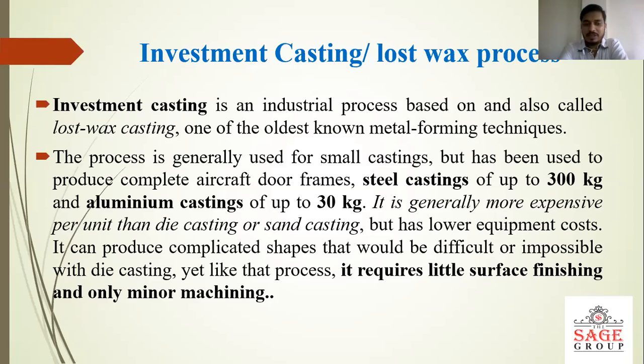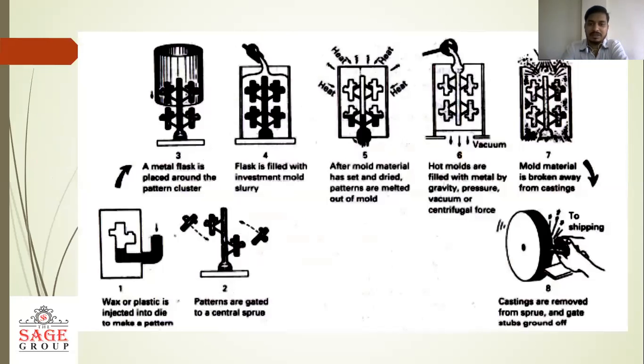It is generally more expensive per unit than die casting or sand casting, but has a lower equipment cost. It can produce complicated shapes that would be difficult or impossible with die casting. Yet, like that process, it requires little surface finishing and only minor machining. So, this is the introduction of investment casting.